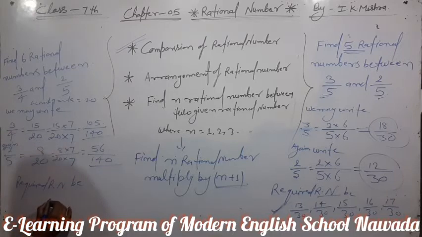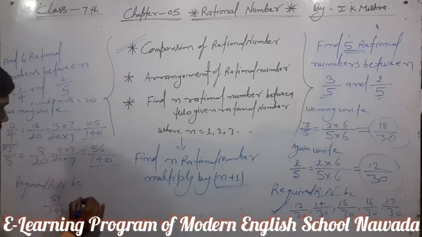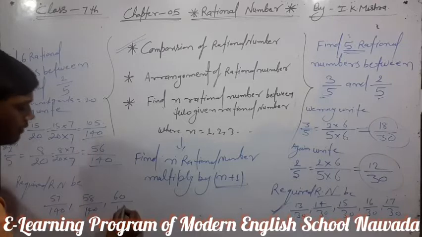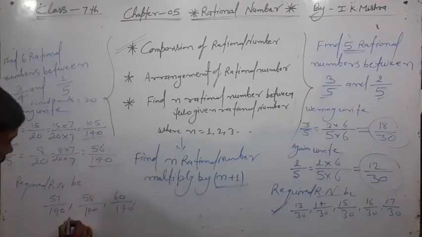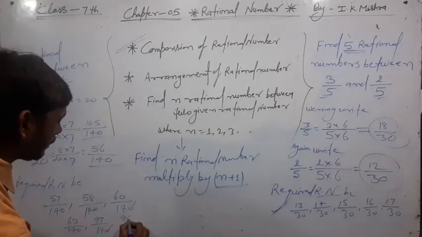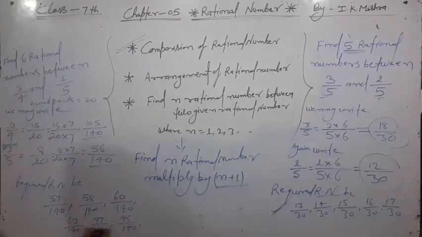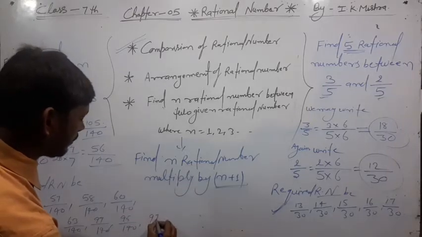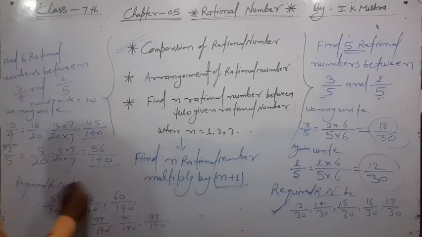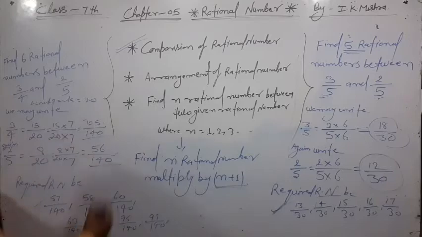That means you may write 57 by 140, 58 by 140, 60 by 140, 63 by 140, 99 by 140, 95 by 140, 97 by 140, and as you wish, you may write rational numbers between these two given rational numbers.